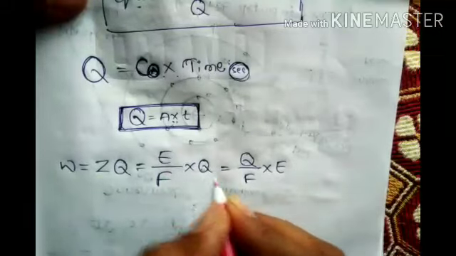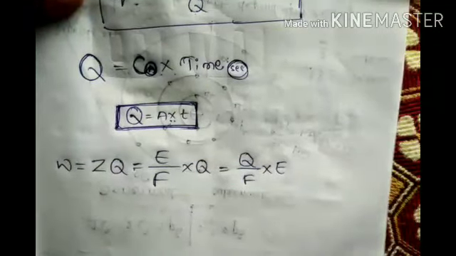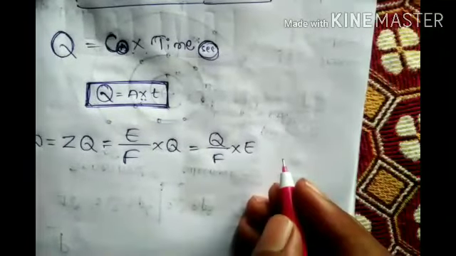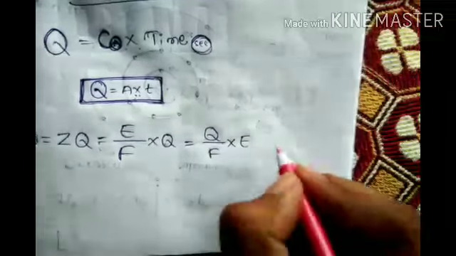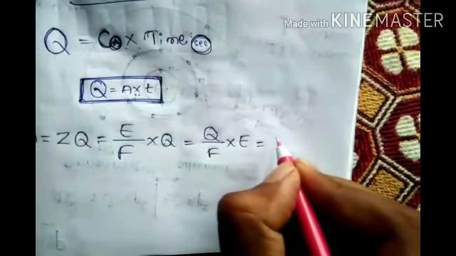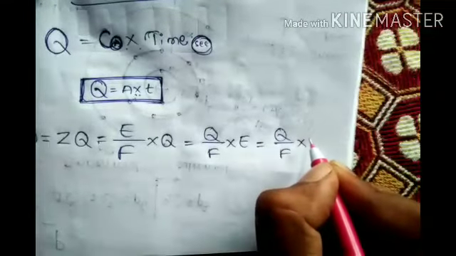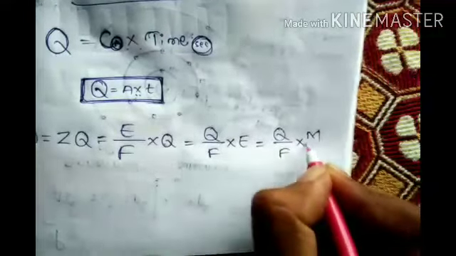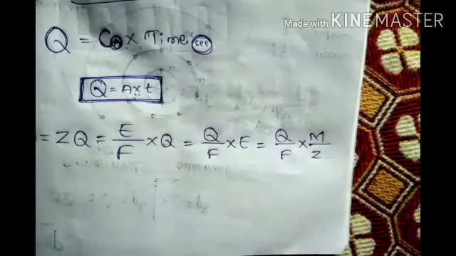This I take here, this I take here. So Q by F into E. What is the E value? E value is M, mass, by Z. What is Z here?